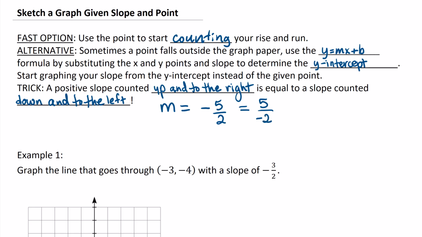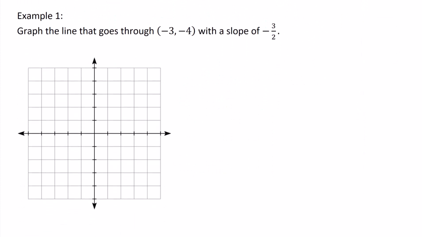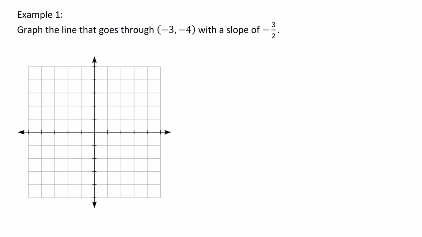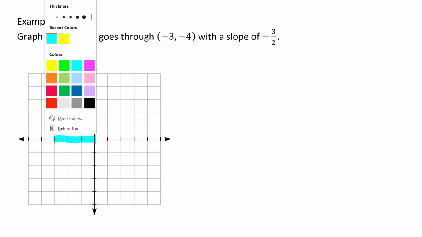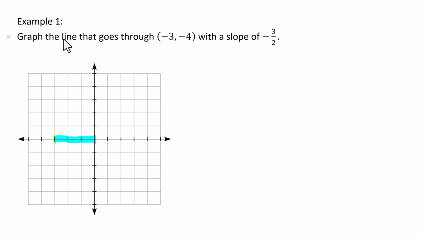Now let's take a look at the first example. Graph the line that goes through -3, -4 with a slope of -3/2. First, let's find the point that the line goes through. We're going to count to the left from the origin 1, 2, 3, and then we're going to count down 1, 2, 3, 4.